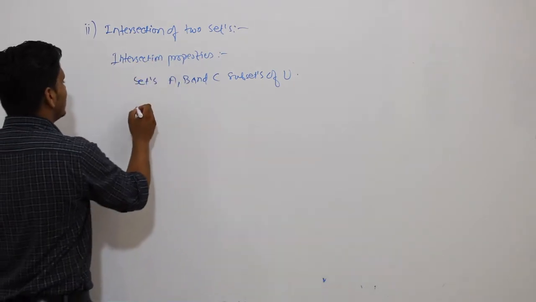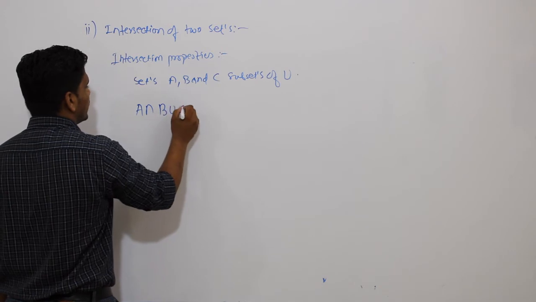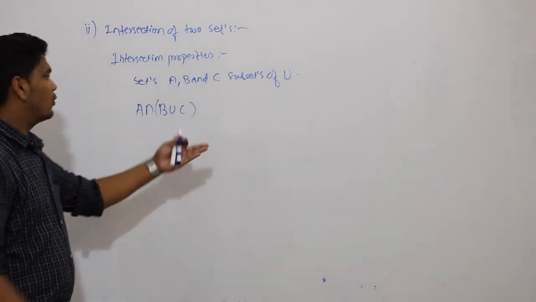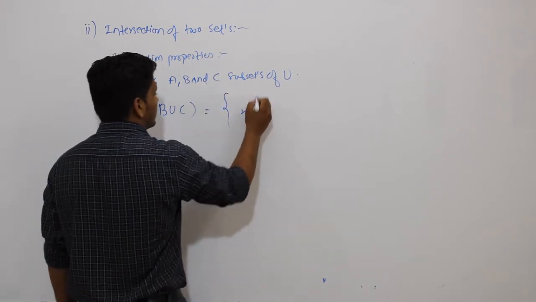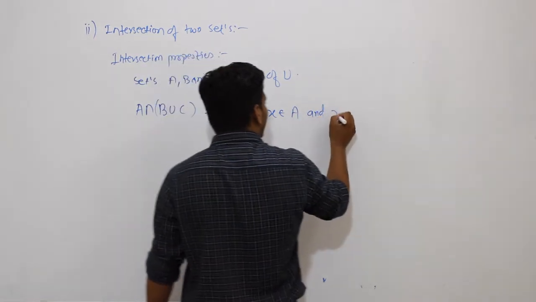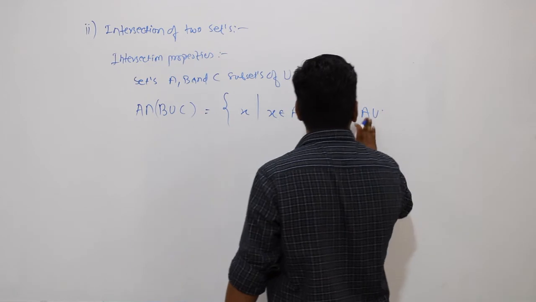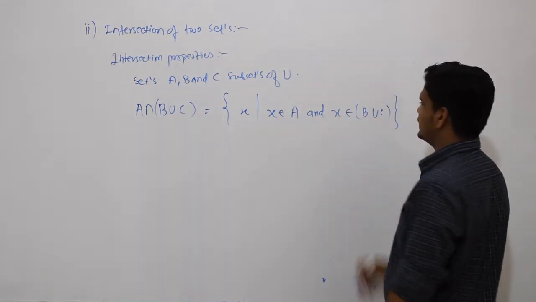Here I will consider A intersection (B union C). Okay? I will take A intersection (B union C). What it will be? It will be nothing but x such that x belong to A and x belong to (B union C). Okay? By definition of intersection, it will be nothing but this set only.